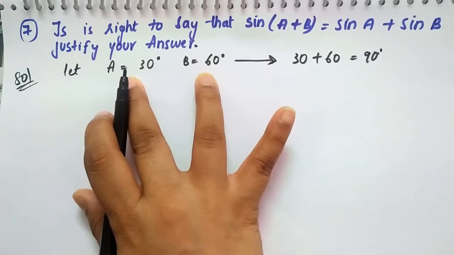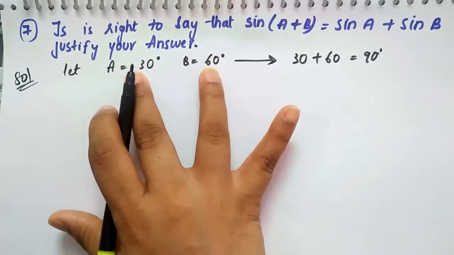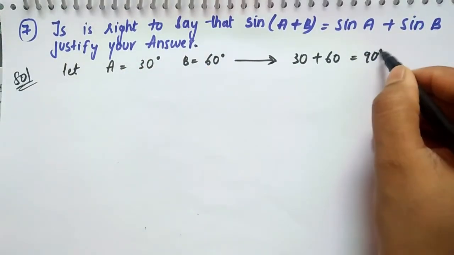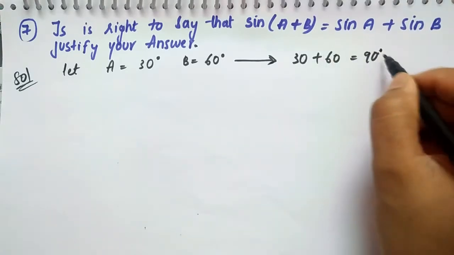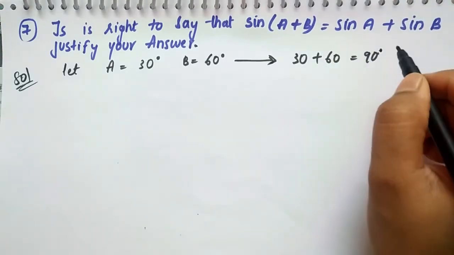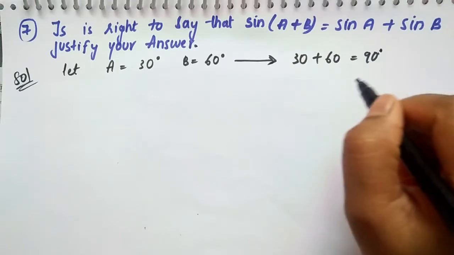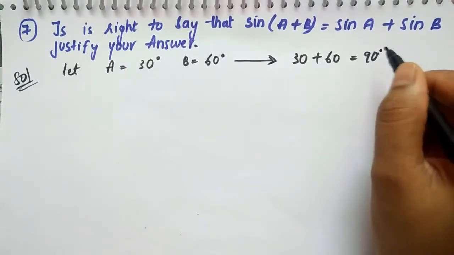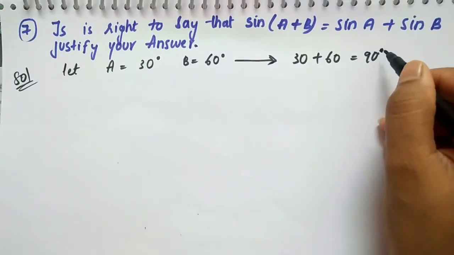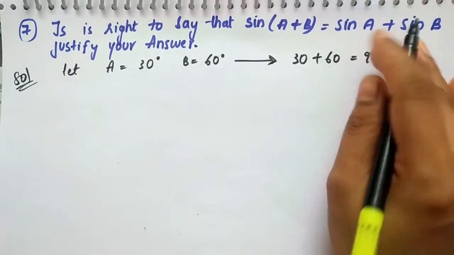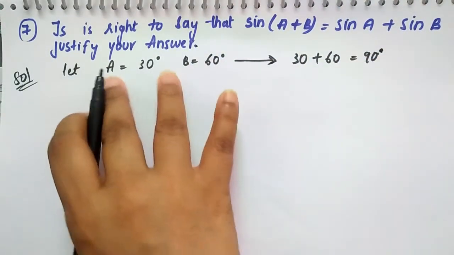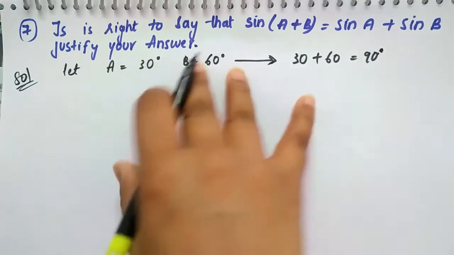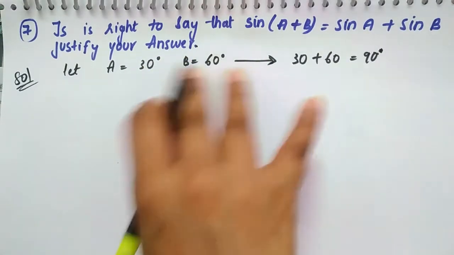You can take any values, but take them in such a way that the sum ends up as 90 degrees. We will learn why in the next part of the video, there's a clear explanation regarding that. For now, just remember that the total should be 90 degrees. You can even take A as 45 degrees and B as 45 degrees, and try your answer.